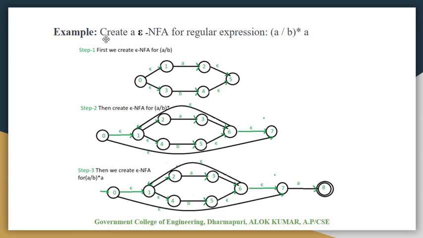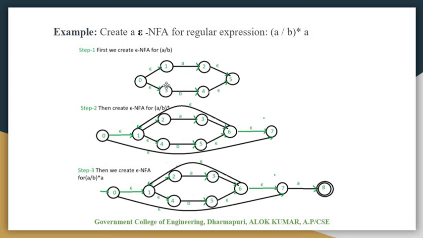Suppose this is the example we have taken: create an epsilon NFA for the regular expression (A or B) closure A. Firstly, we will find the epsilon NFA for A or B. In this manner, empty, A, empty, and this one is empty, B, empty.